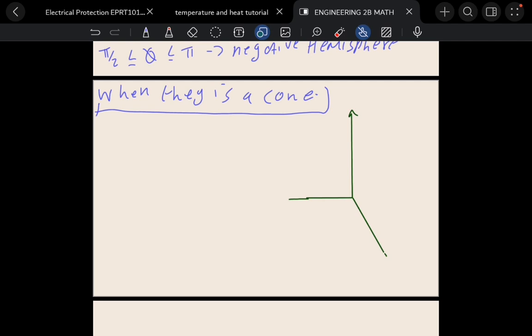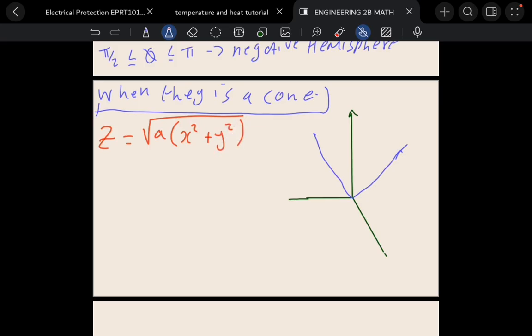Now, a cone will bound this thing in this form. That will be a cone. And we know that the equation of a cone is given by z equals the square root of a in bracket x squared plus y squared.